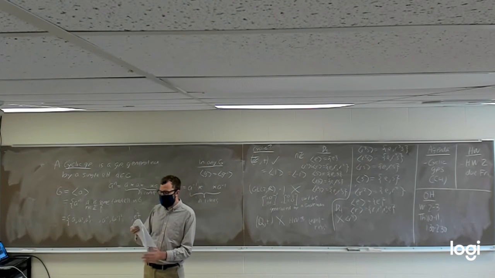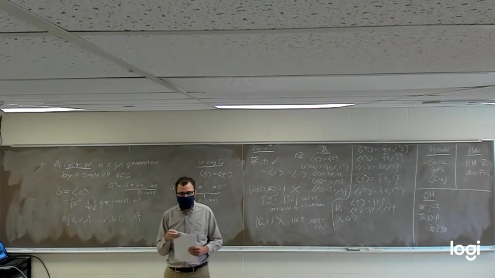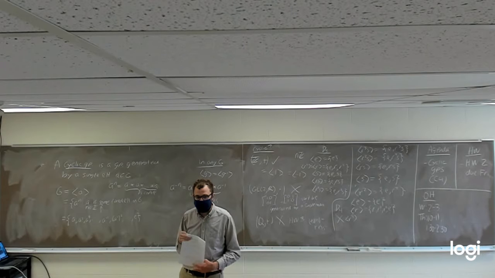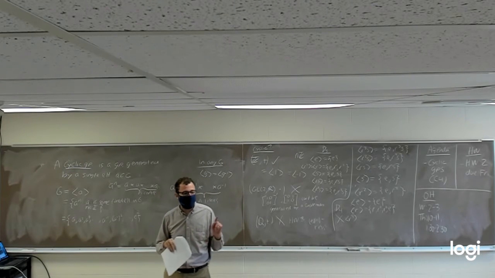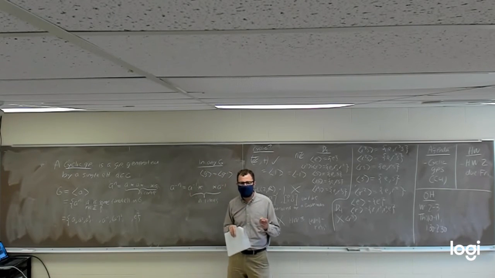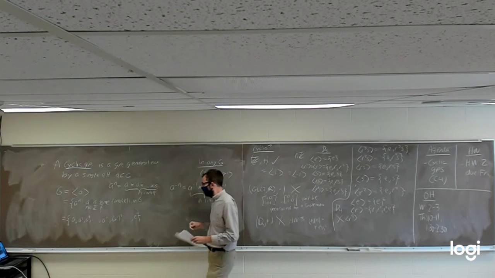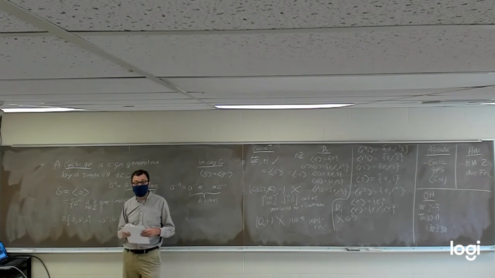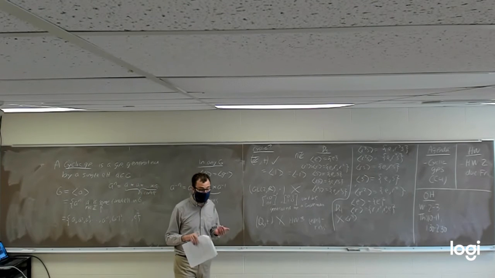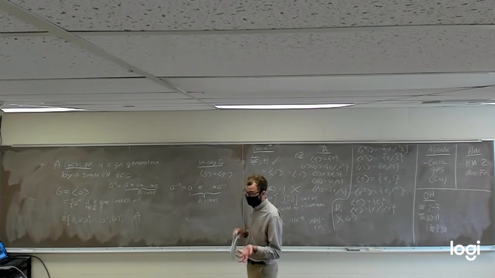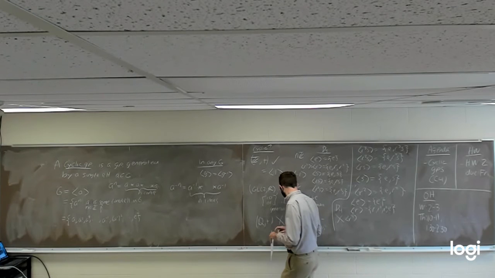So what I want to do for the rest of class is to talk a little bit about some modular arithmetic. Is anyone, out of curiosity, taking number theory here? I've got one. So the examples we're going to be looking at for the rest of class are going to be ones that show up in number theory a lot.